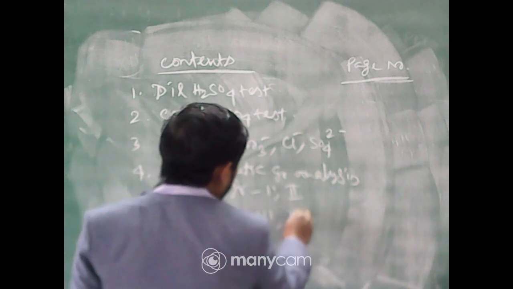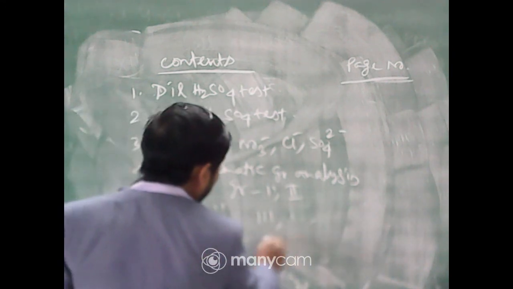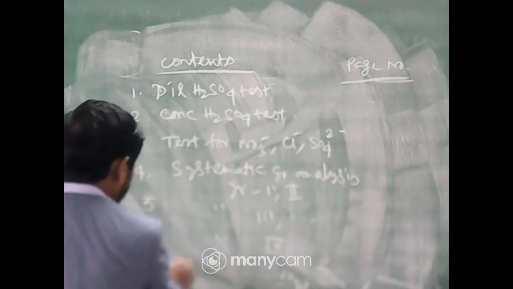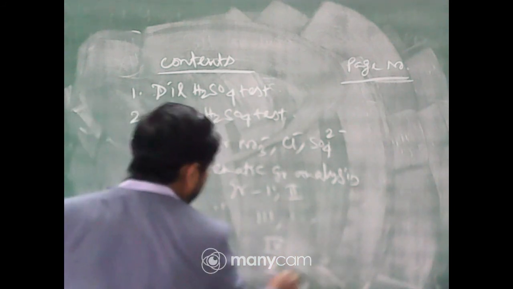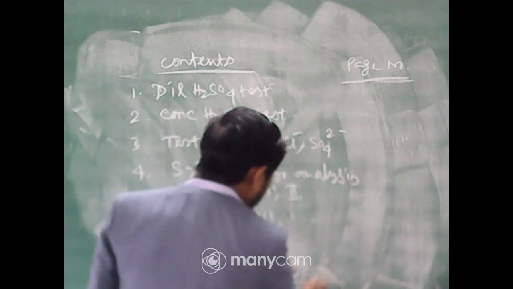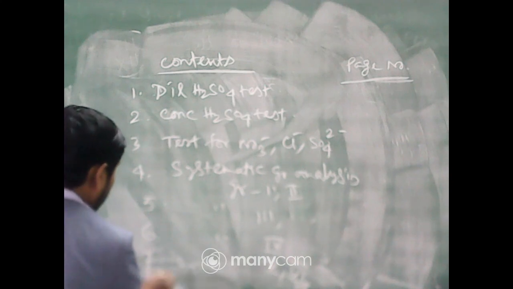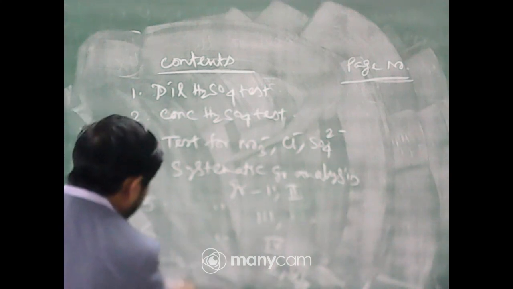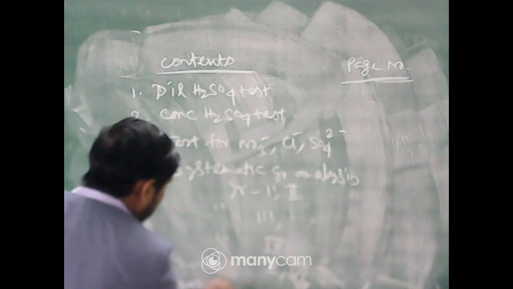Again systematic group analysis for group 3. Then 6, systematic group analysis for group 4. 7, systematic group analysis for group 5. From 8 onward is unknown salt analysis.